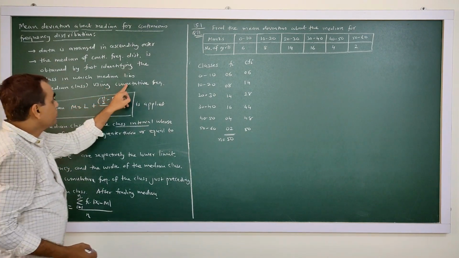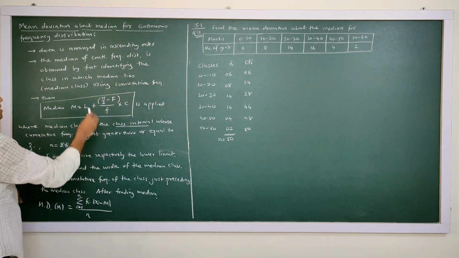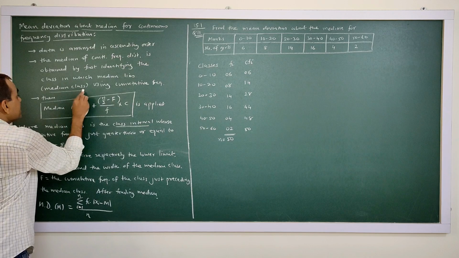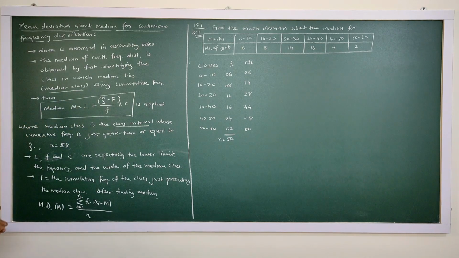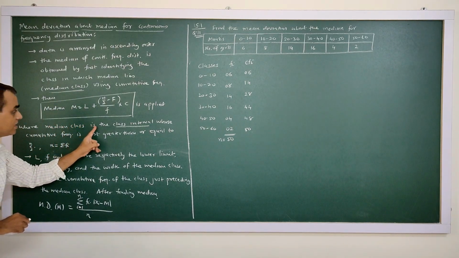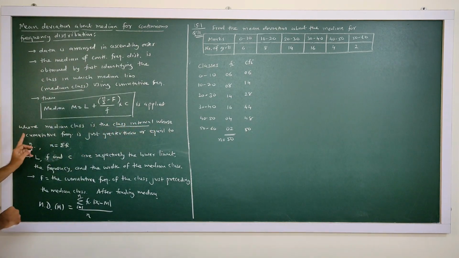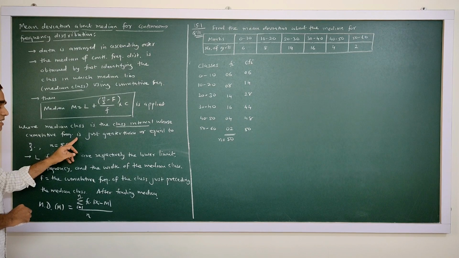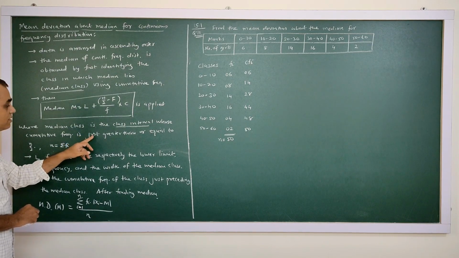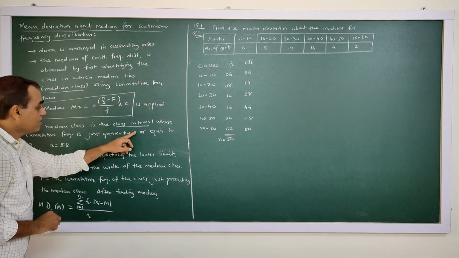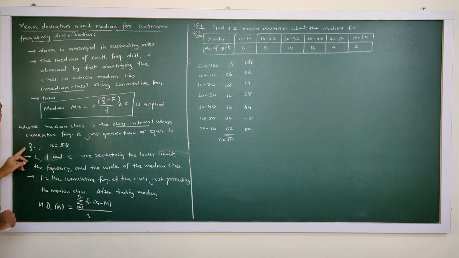Now using cumulative frequency, we find the median class. The median class is the class interval whose cumulative frequency is just greater than or equal to n by 2.